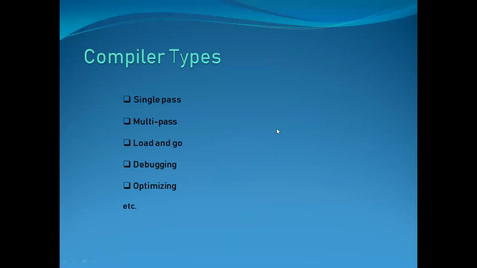There are a few types of compilers like single pass compilers, multi-pass compilers, load and go, debugging, optimizing, and many more. These are the types depending upon the functions which these compilers are supposed to perform.